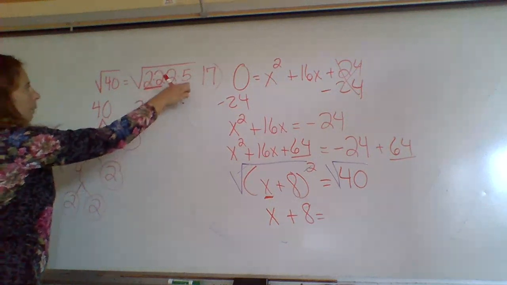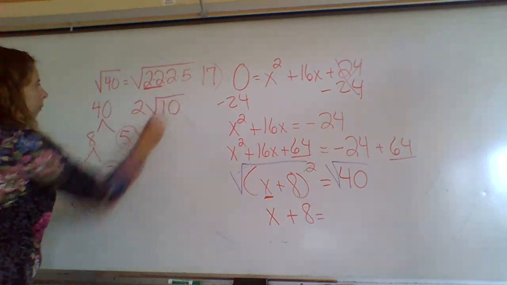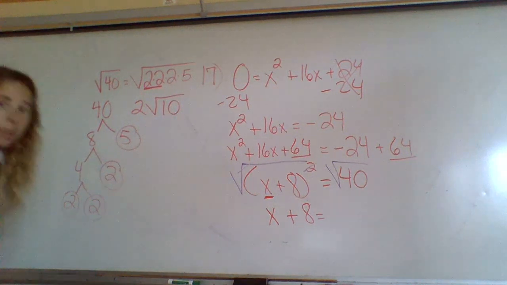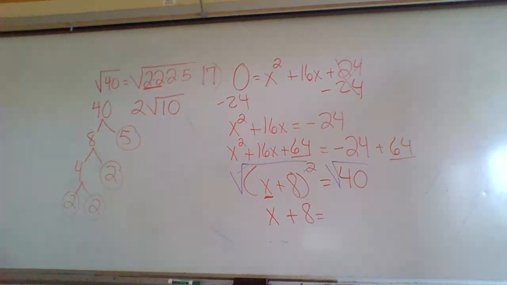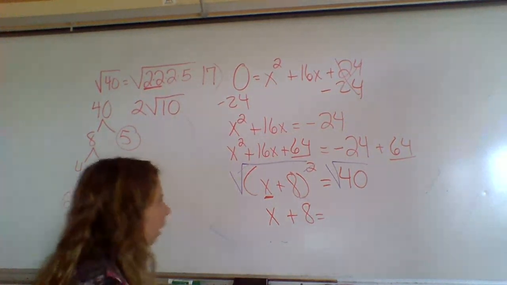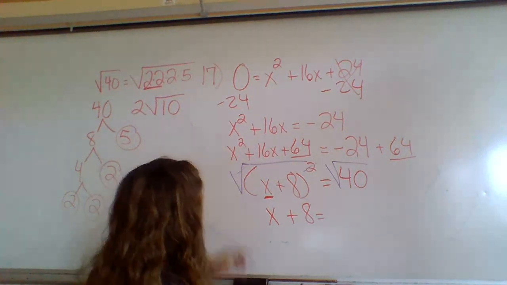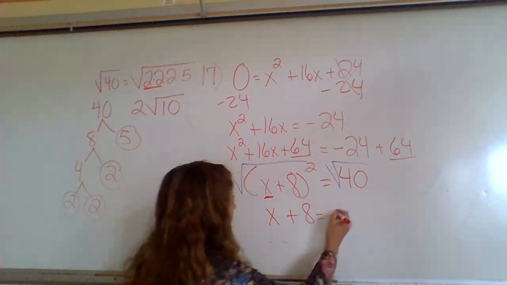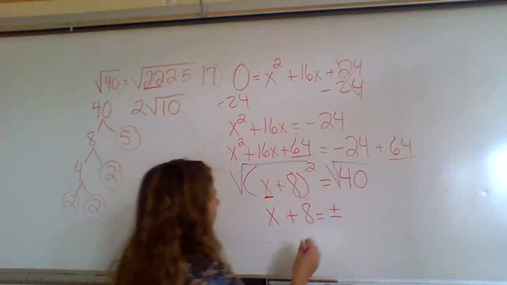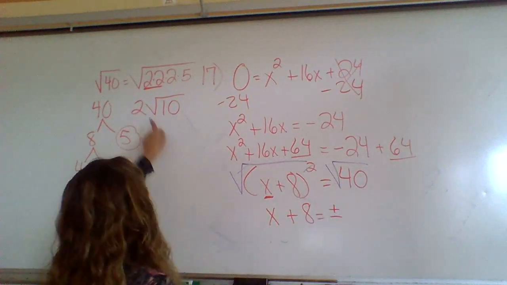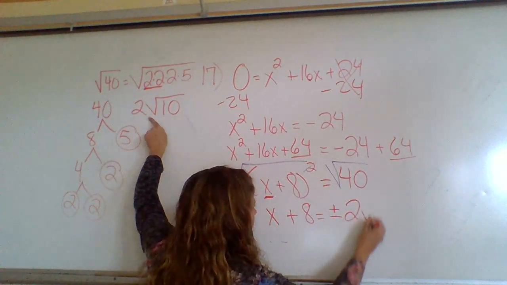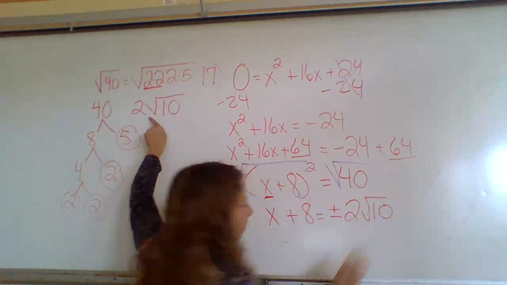So 2 times 5 is 10. All right, so there, we simplified it. So you get plus or minus, because square root, you're going to get plus or minus 2 square root 10.